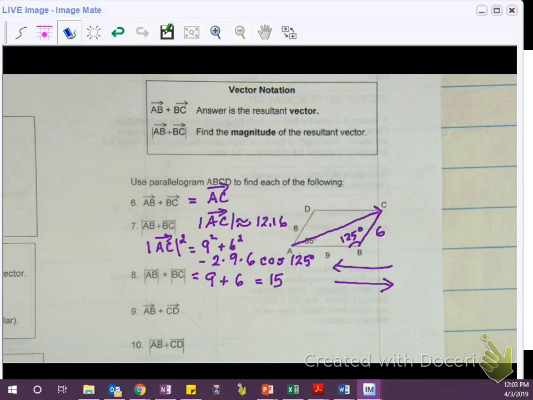So these are the same length, but they're exactly opposite in direction. So this becomes AB, which is 9, minus CD because it's the other direction. So this is equal to 0, the 0 vector, because the answer to addition or subtraction of vectors is a vector. There's nothing left.